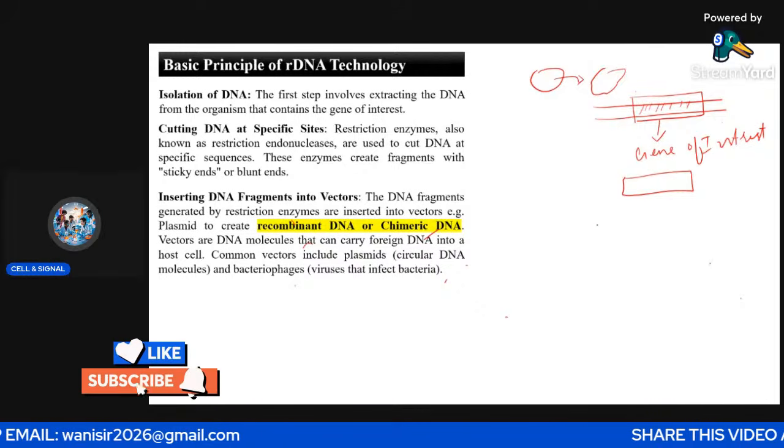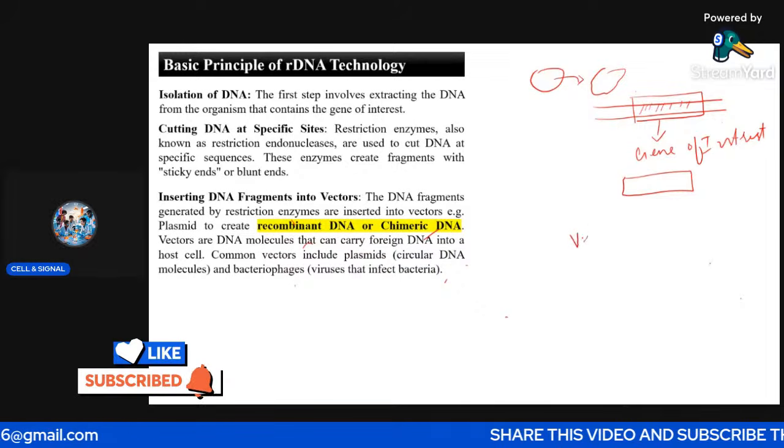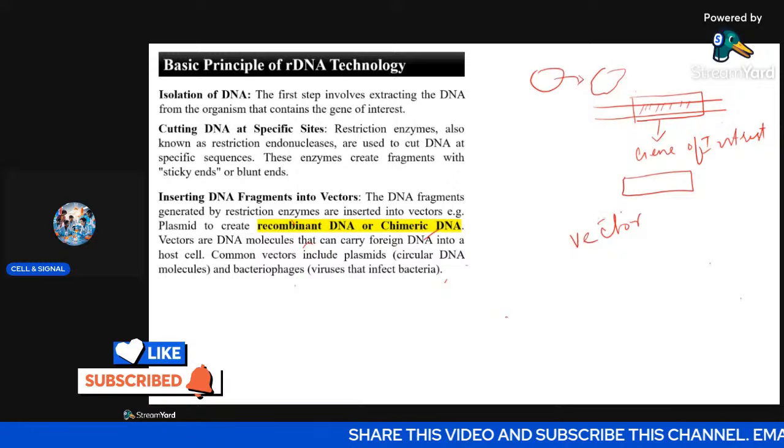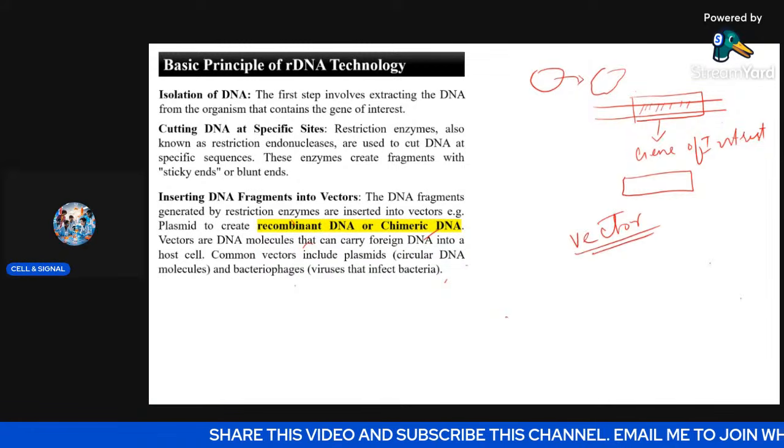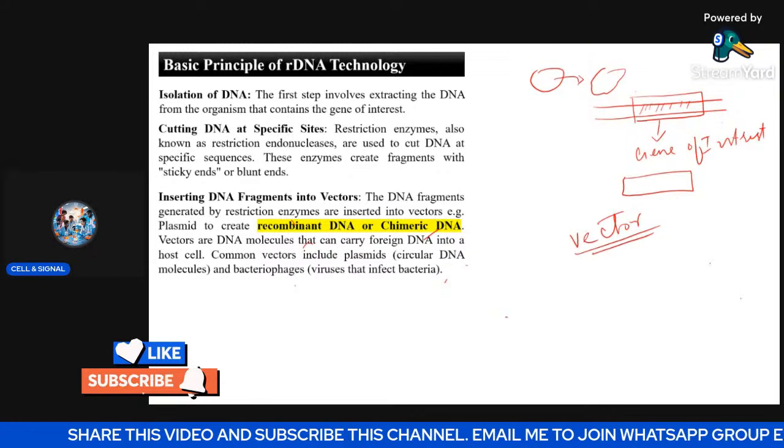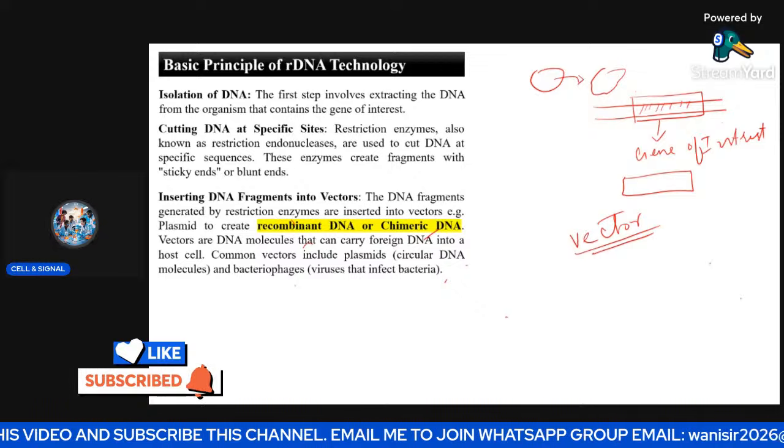Now we have another DNA that is called a vector. So DNA fragments generated by restriction enzymes are inserted into the vector.